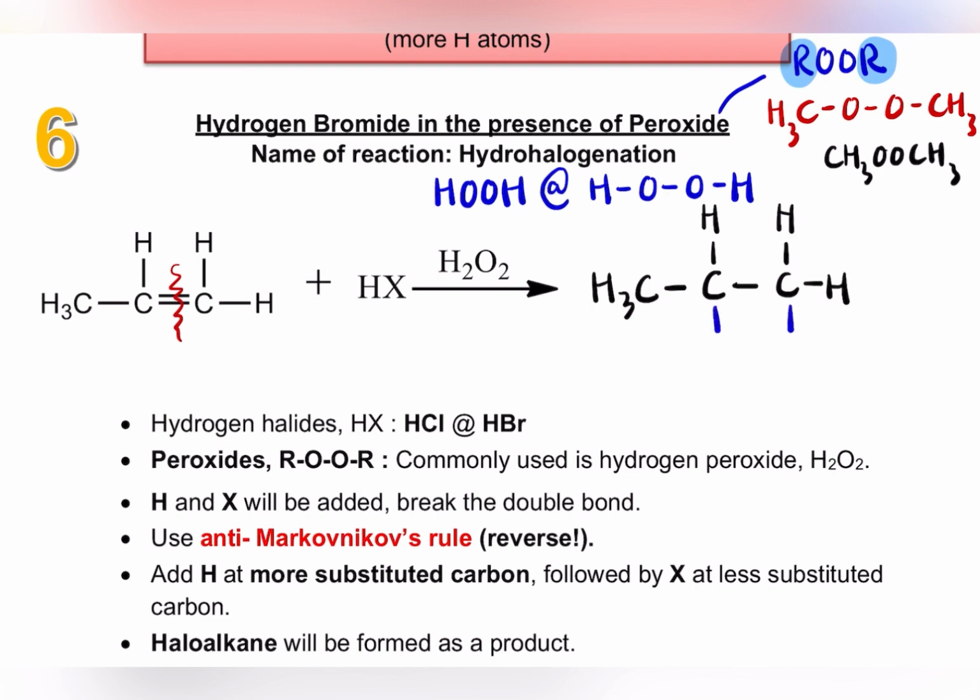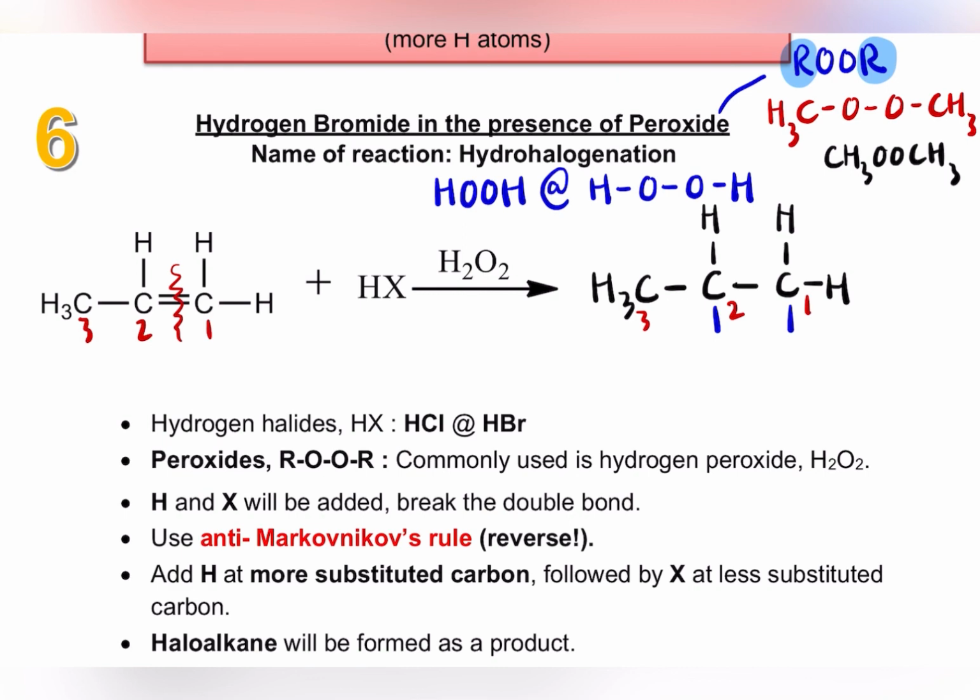So right now, we are going to use anti-Markovnikov's rule, where I'm going to add my positive reagent, H plus from here. H plus will be added to more substituted carbon. So the more substituted carbon, if I give the numbering, this is going to be the numbering based on the structure of the reactant.